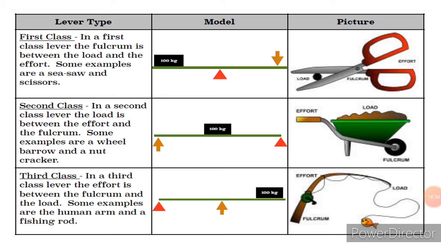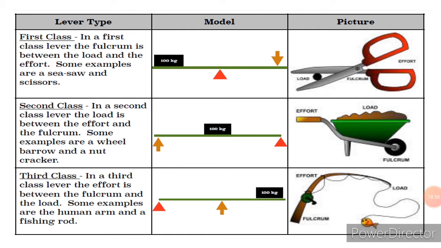So the way the three important components of a lever are arranged will determine the class of lever it is. For example, in a first class lever, you will have the fulcrum in between the load and the effort, as you can see on this diagram.